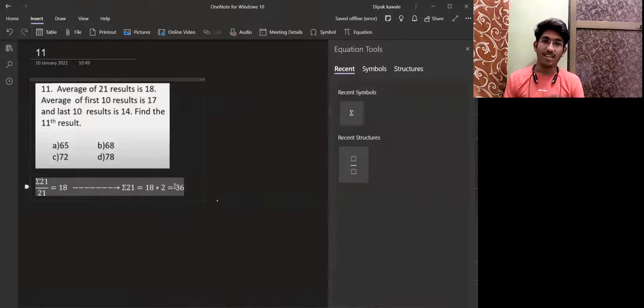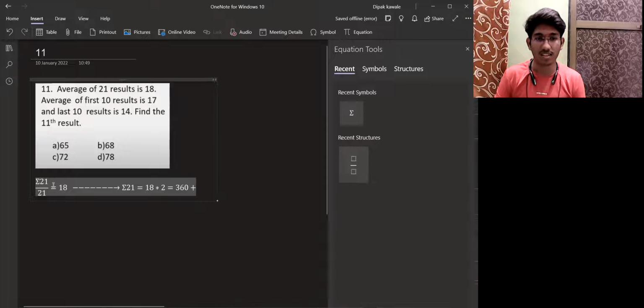Now it is not asking for 18 multiplied by 20, it is asking 21. That means we have to add one more 18 to this 360. That means it becomes 378. So this is how our approach should be.